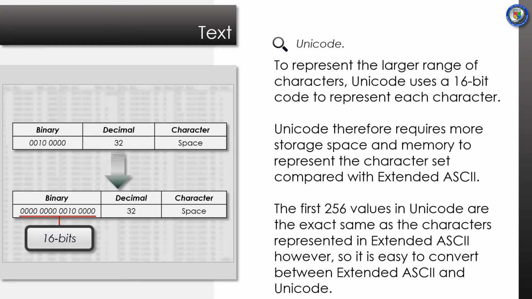As mentioned earlier, to represent a larger range of characters, Unicode uses 16 bits to represent each character. Unicode therefore requires much more memory than extended ASCII. But the first 256 values in Unicode are the exact same characters represented in extended ASCII. This makes it easy to convert between extended ASCII and Unicode.